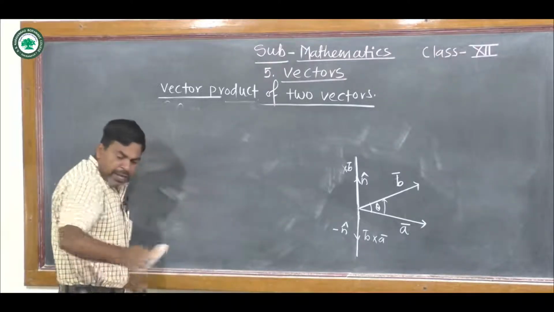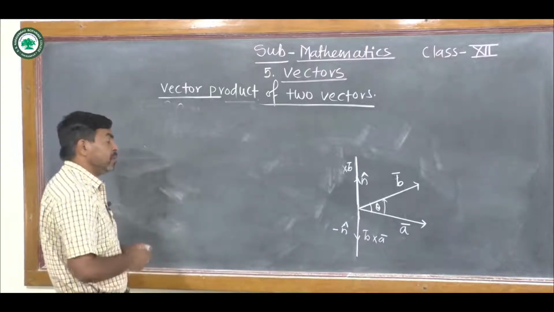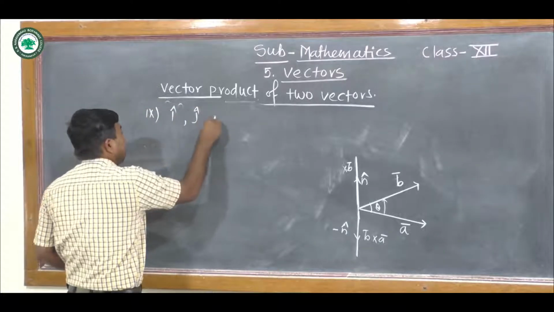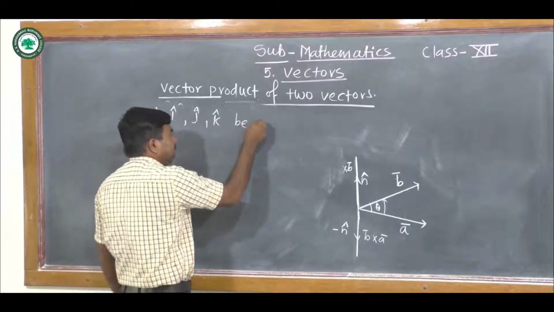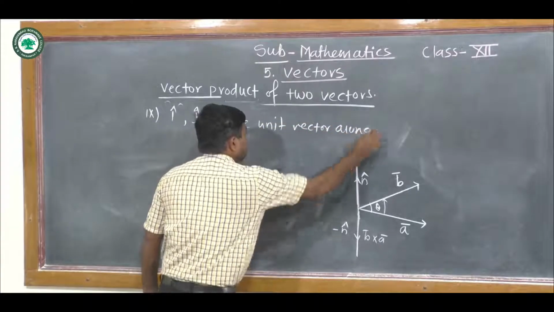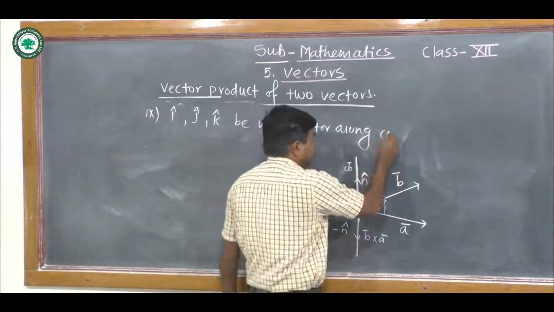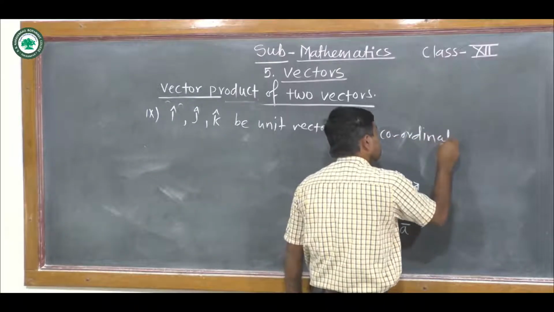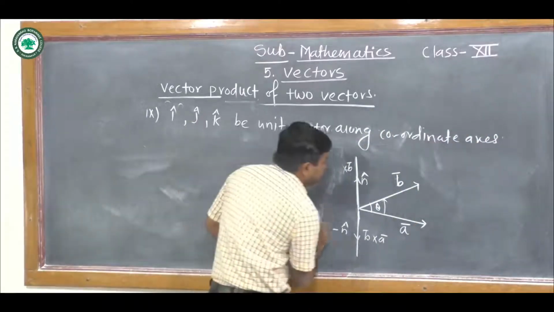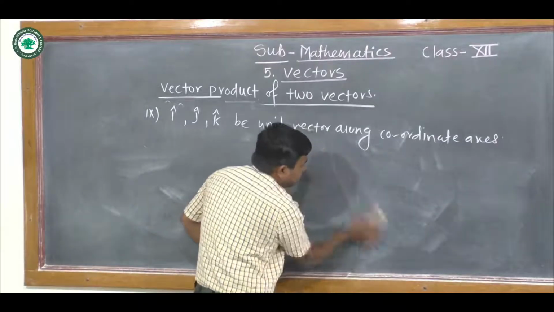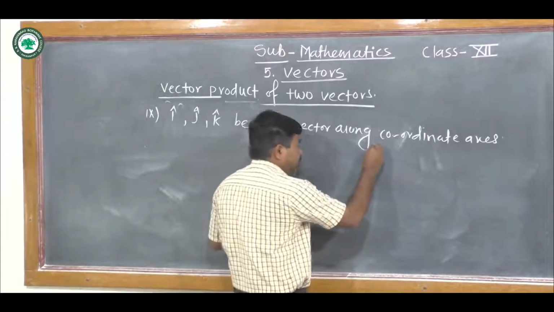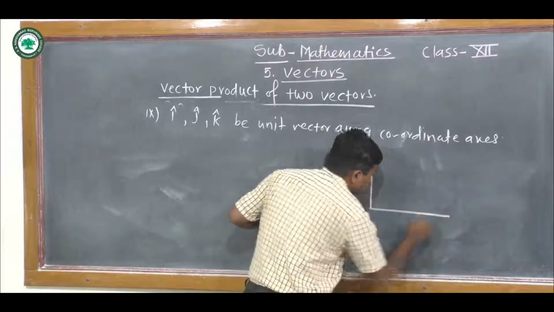See, we know that in the Cartesian three-dimensional system, i cap, j cap, k cap are the unit vectors along the coordinate axes. That means i cap is the unit vector along the x axis, j cap is the unit vector along the y axis, and k cap is the unit vector along the z axis.